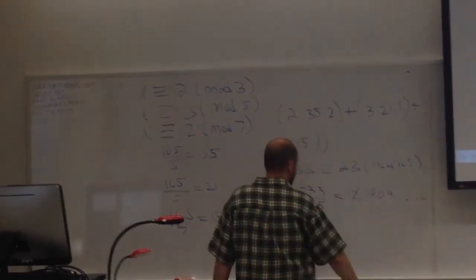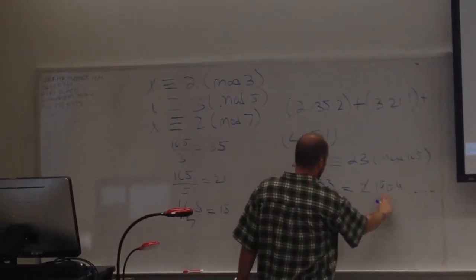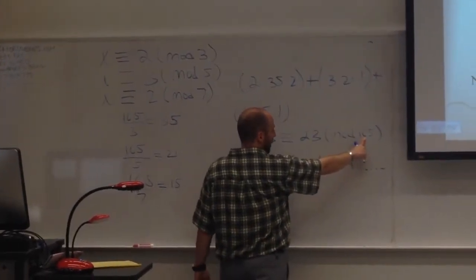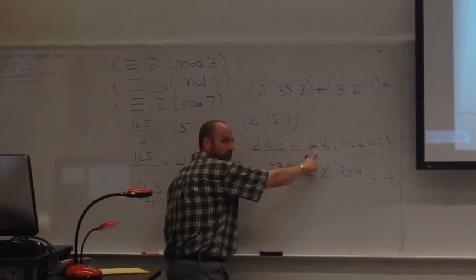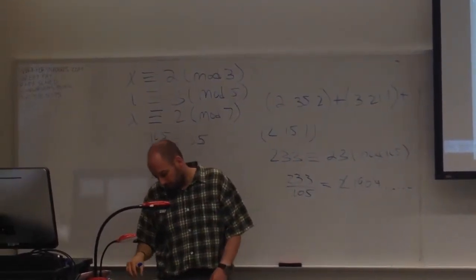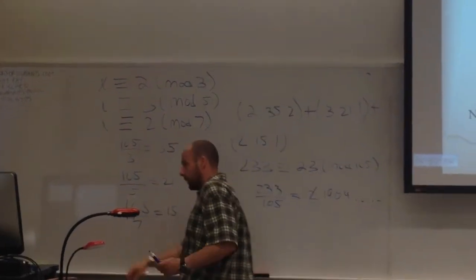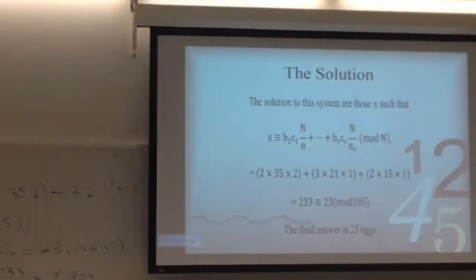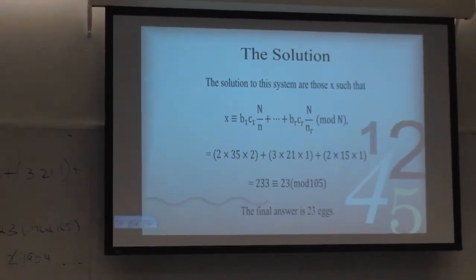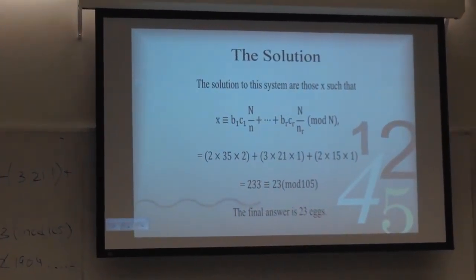You then take away that 2, and we're looking at the remainder. You multiply this remainder back times the modulus of 105, which gives you 23, your remainder. Thus, we can see from the slide that the final answer is x equals 23, the smallest number that satisfies the system.